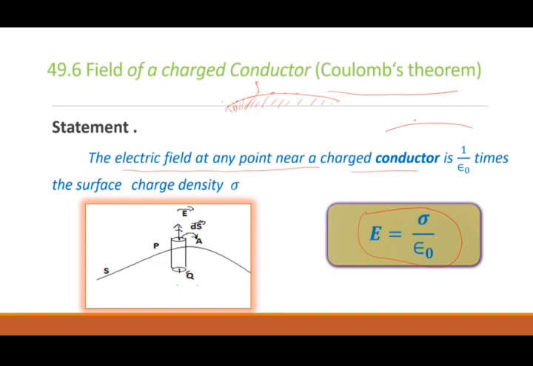If you are not satisfied with this distance also, then you just come here like that. The surface charge density is sigma, and sigma divided by epsilon naught is the electric field, and it should be in the normal direction at that point. We will prove this theorem.